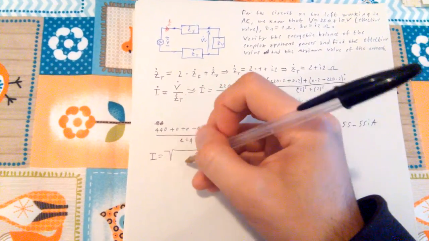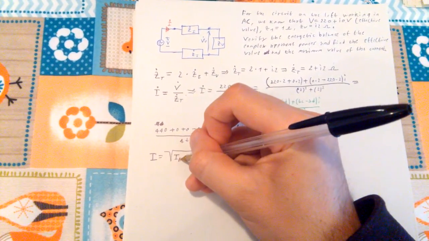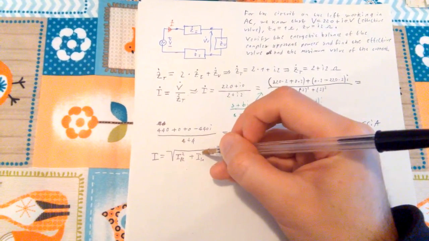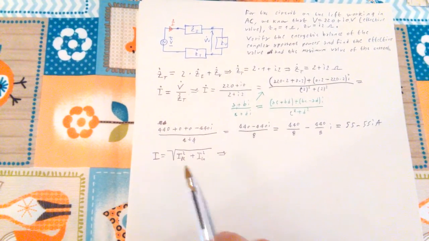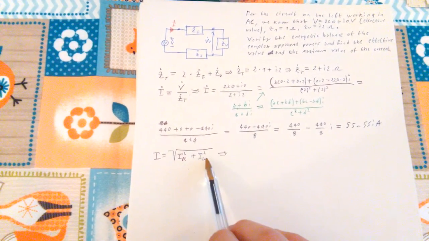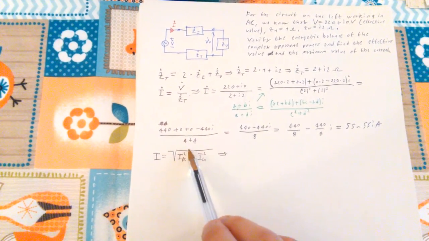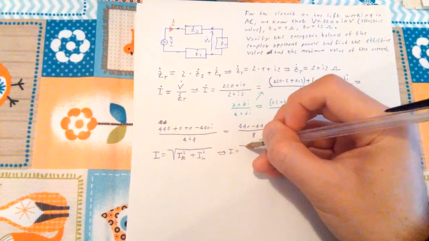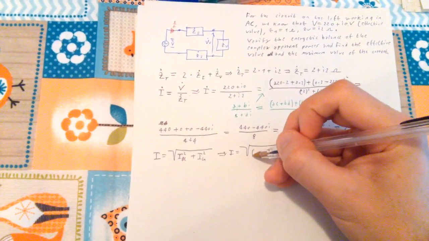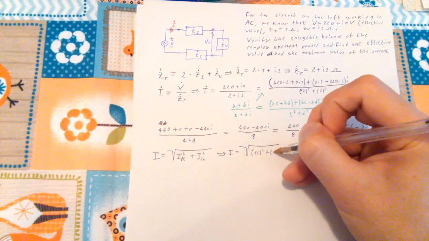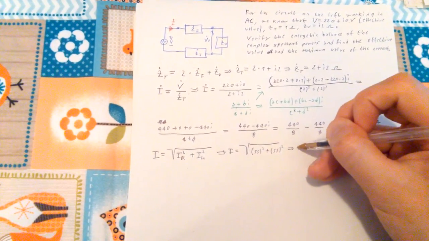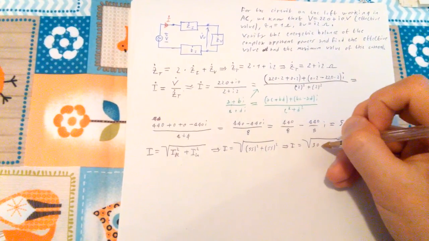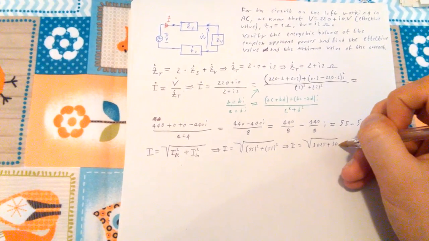So the norm is the square root of I_R squared plus I_M squared. So I will be given by the real part squared plus the imaginary part squared, everything under the square root. So I, in this case, will be the square root of 55 squared plus 55 squared. Well, let's see, 55 squared is 3025 plus 3025.